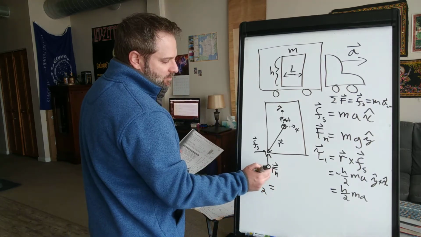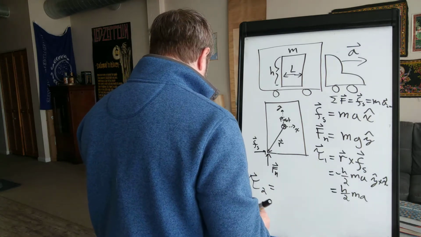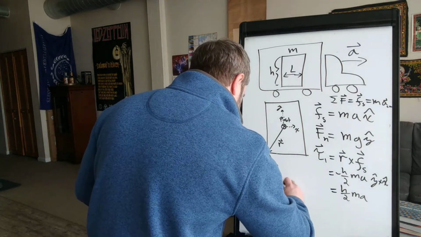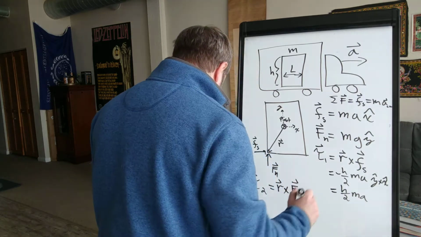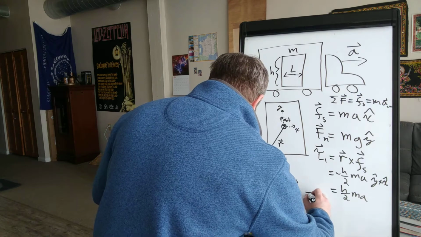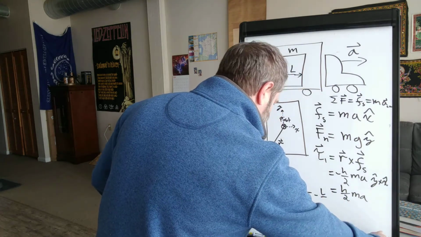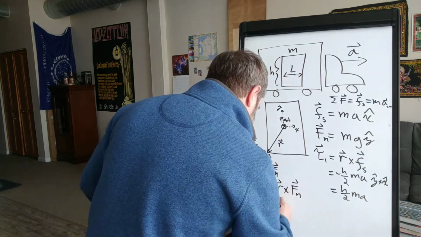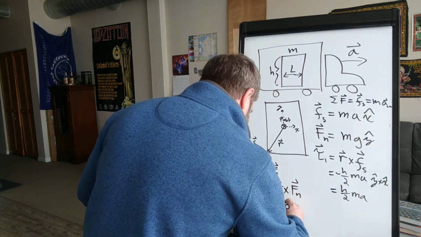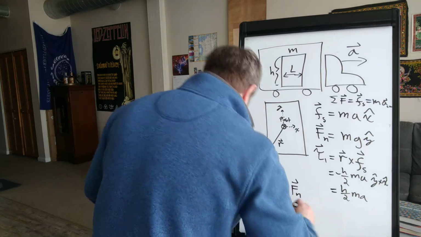The torque provided by this Fn here, that counteracts the force of gravity. So we have r cross Fn, same r vector, and now we're going to have negative L over 2, I'm going to write this on another line, negative L over 2 mass times gravity.